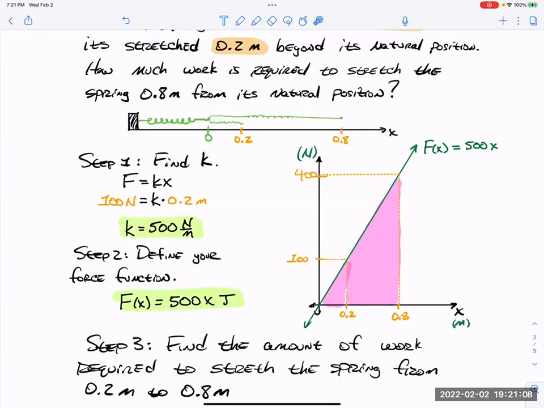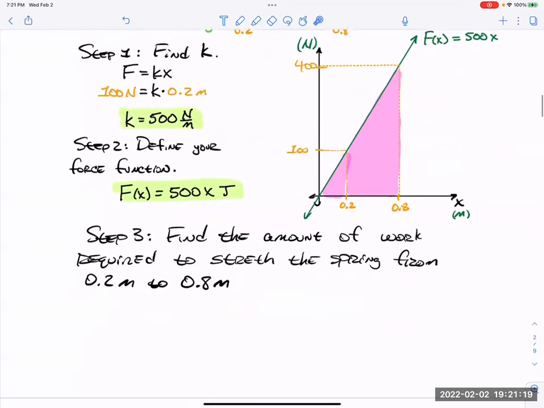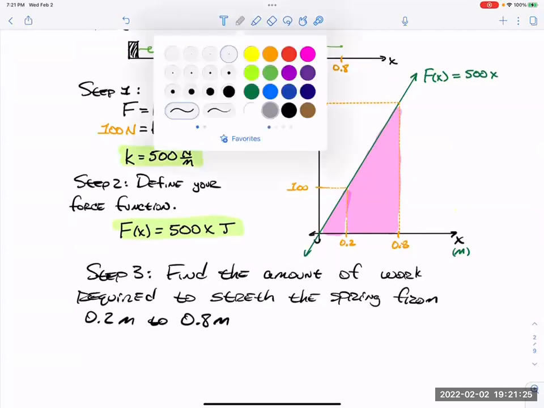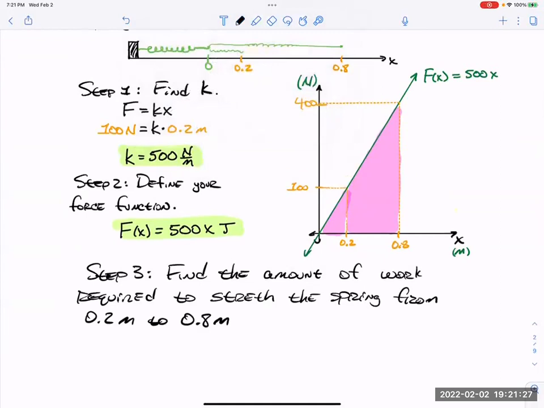Okay, so now, step one, we found our spring force constant for this spring. Here's our function, we graph it. Now you don't really have to graph it, but I'm just making sure we understand visually what we're doing here. So as I mentioned here, we can get the answer geometrically if you understand what integrals are actually doing and the application of it in this problem. So let's make a little note here.